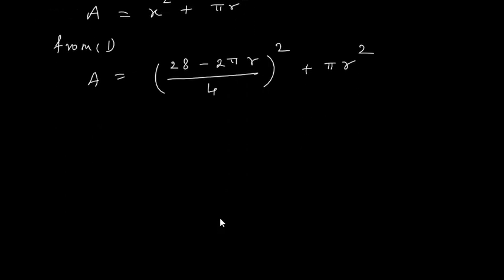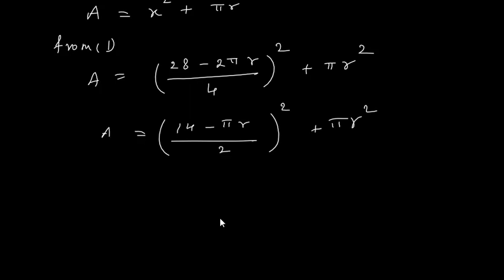Now 2 I can cancel from numerator and denominator, so I have 14 minus pi r whole divided by 2, the whole square, plus pi r square. This is my area A.